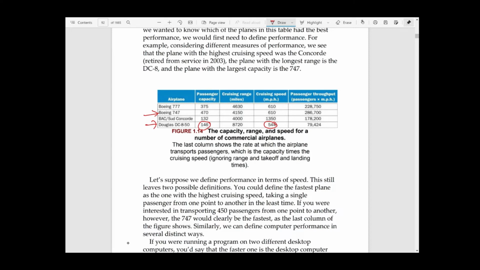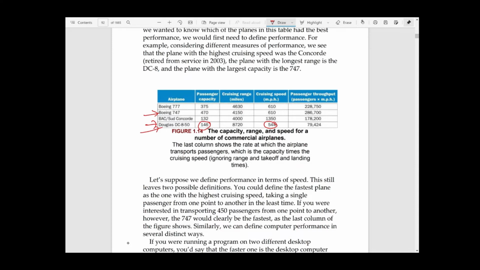If I try to relate these two examples with the computer, it's like this: if I have some small or standalone application that I want to execute on a computer, a single application at a time, then the first example is better. This type of computer is better, the one which is faster, because my job is just to execute one task at a time.